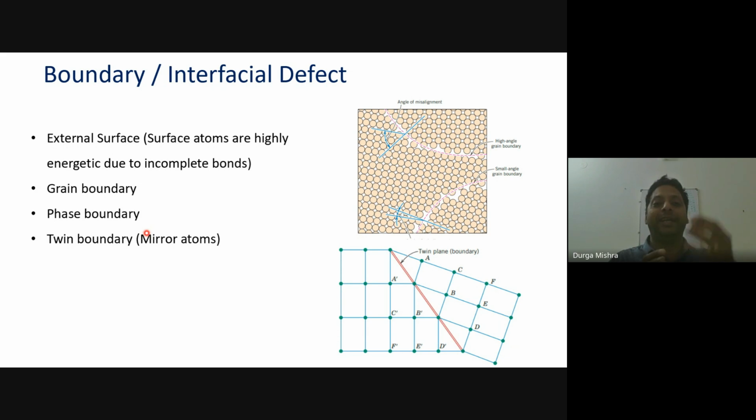For example, a free water droplet will take the shape of a sphere, so that way it will minimize its surface energy. That is the best shape to minimize the surface energy. But in a solid, it is not possible. They are not that flexible.